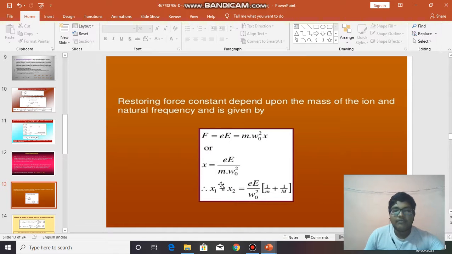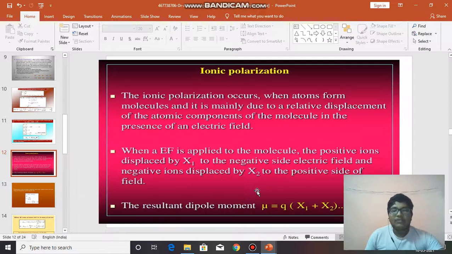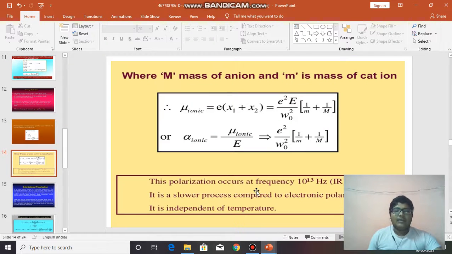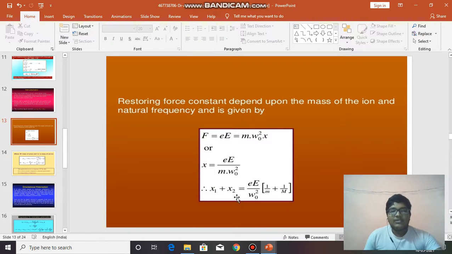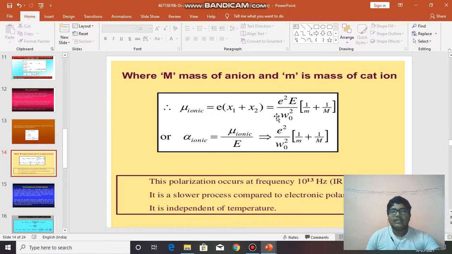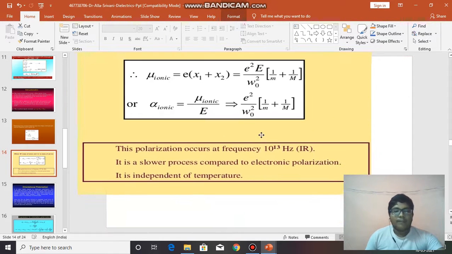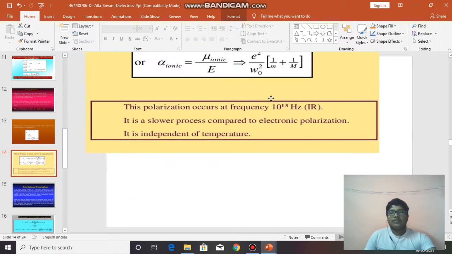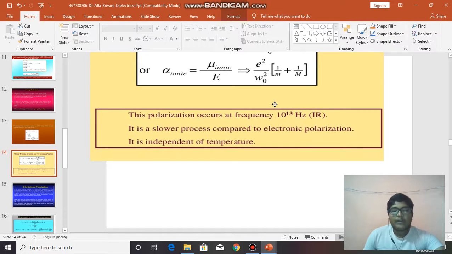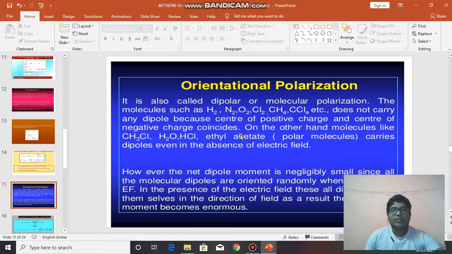The mass is the only thing which varies, giving 1 by m plus 1 by capital M. And then we find mu ionic equals e into x1 plus x2, and as we found on the previous page, we substitute the value: e square E by omega naught square into 1 by m plus 1 by M. This polarization occurs at a frequency of 10 power 13 Hz. It is a slower process compared to electronic polarization. It is independent of temperature, as we see from the properties.